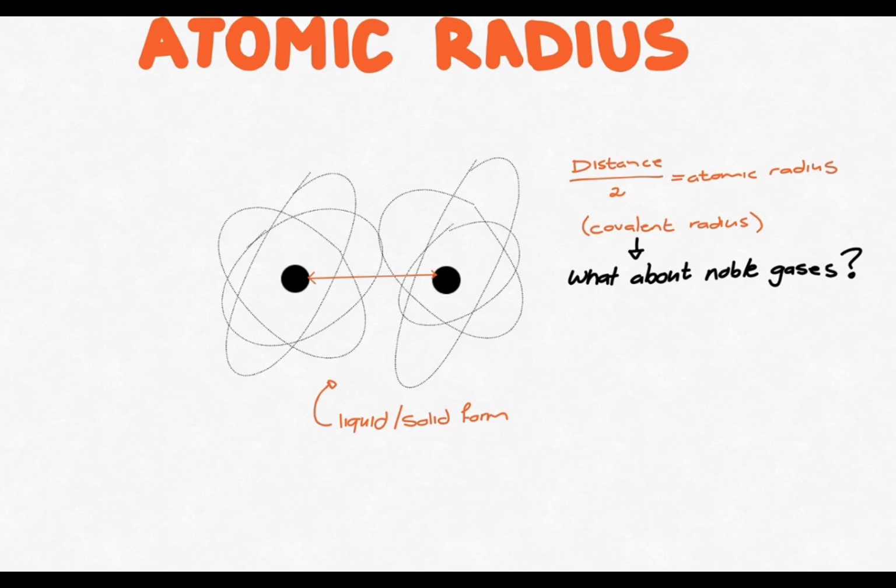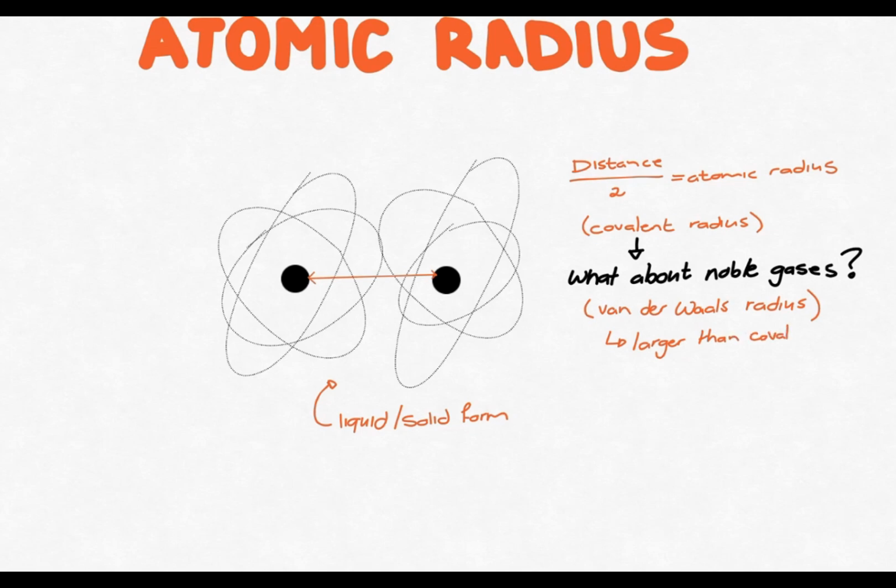They then measure the distance between the one nucleus and the other nucleus of the noble gas and divide it by 2 to get the radius. Now this is called the van der Waals radius. The van der Waals radius is slightly bigger than the covalent radius because it's not technically bonded, just very close to each other.